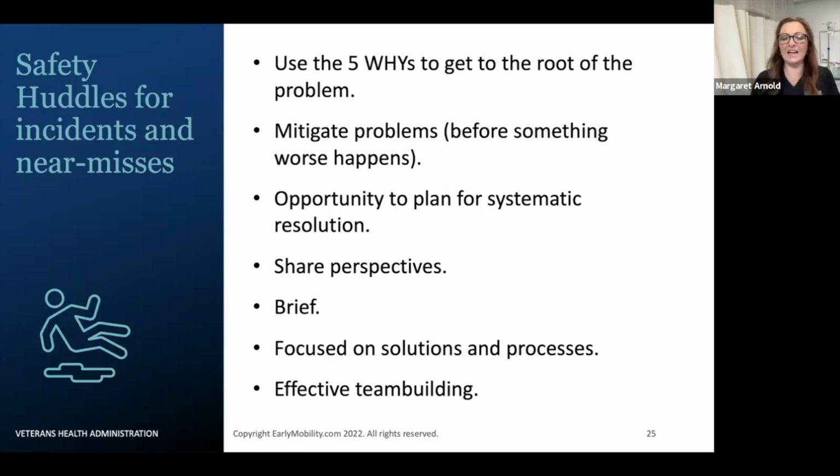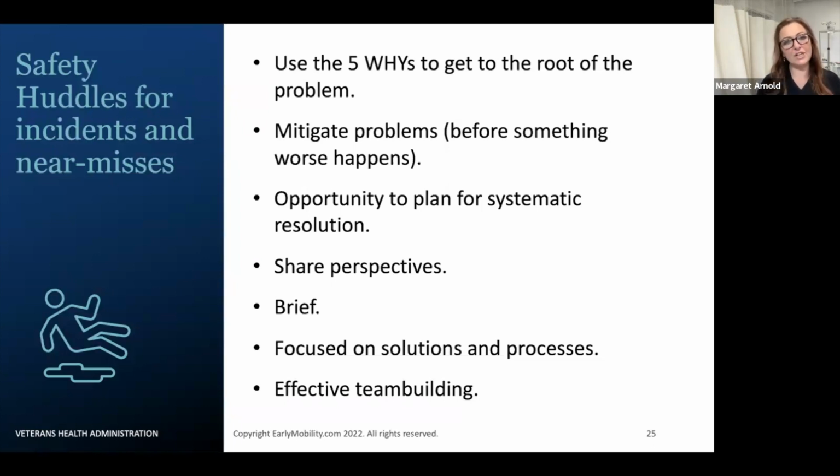Again, it might be any number of whys, but the 5 whys is a method that has been shown to get to the root of a great number, the vast majority of your problems. So there's usually a deeper reason, a system level reason why bad things happen.